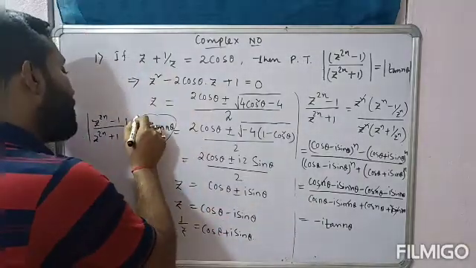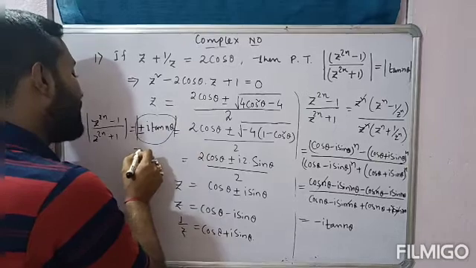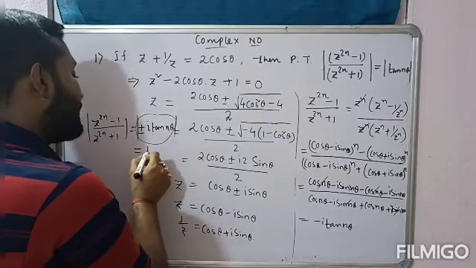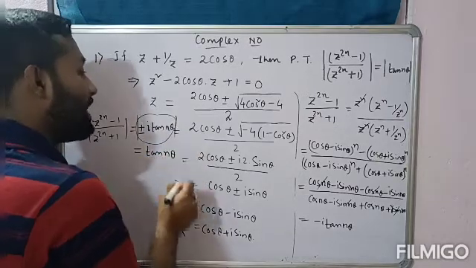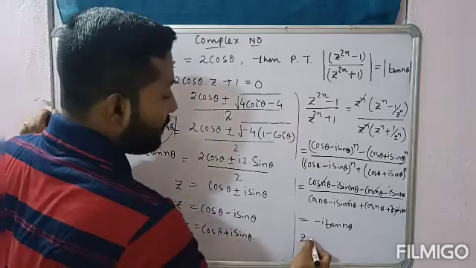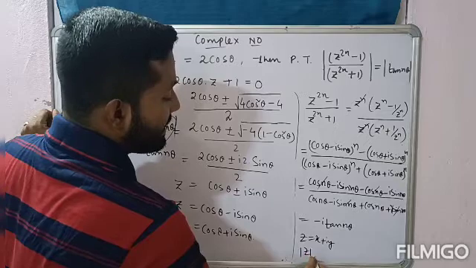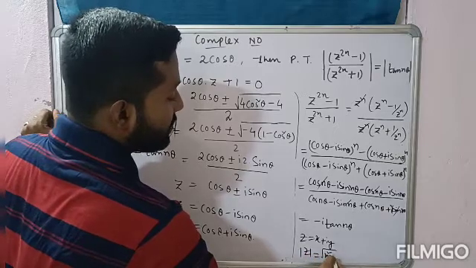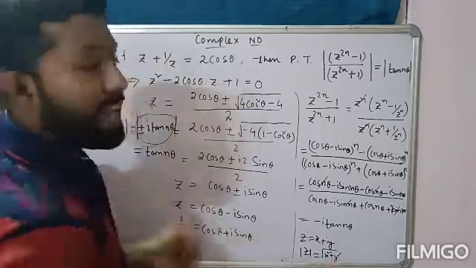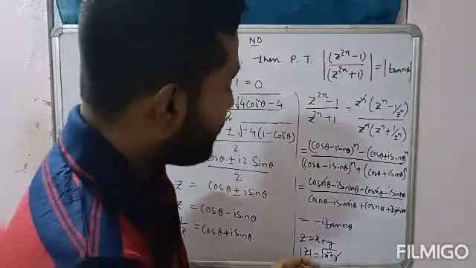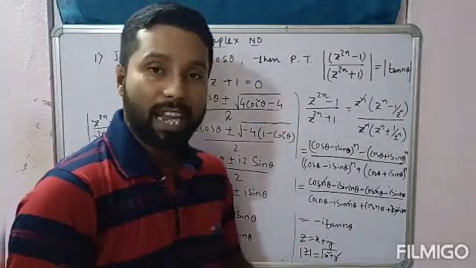So therefore the modulus of this value is equal to tan n theta only, because we all know that if z is equal to x plus iy, then mod z is equal to root over x square plus y square. Yes or no? Real part of z whole square plus imaginary part of z whole square.